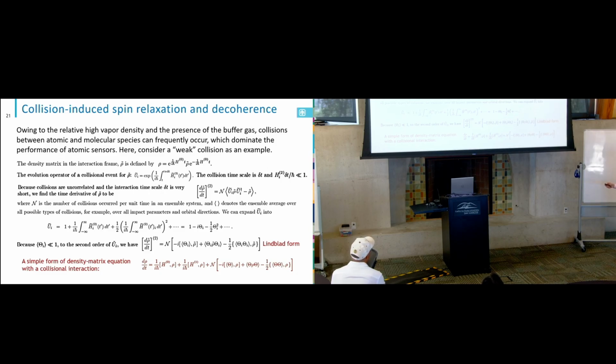The point is we have to generate a unitary operator for a collisional process, and through this math, you can derive the spin relaxation equation. It's usually called the Lindblad form, but you can derive it from the unitary operator.